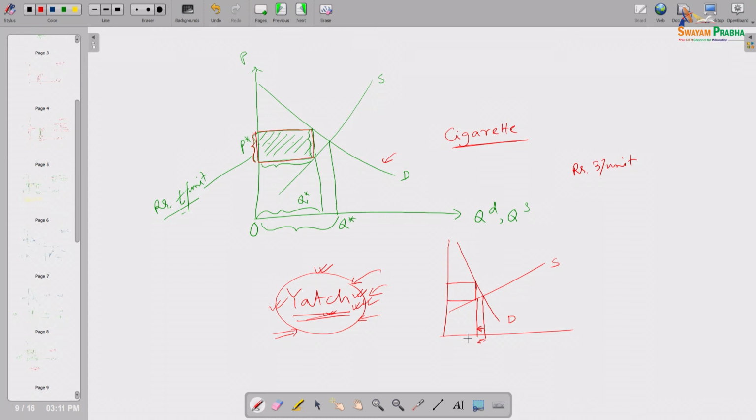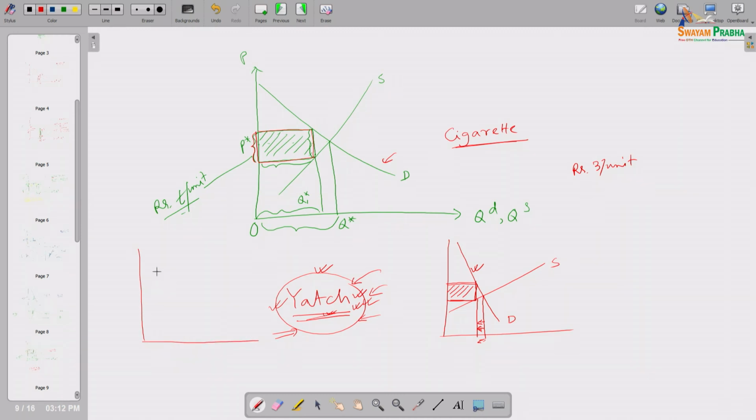Although a large number of people will get the pinch, because this commodity is necessary to the society or the major members of the society, many people will get the pinch, but all of them will get less pinch. That pinch will be distributed, because it will not cut down that much. As a result, government revenue will be a considerable quantity, because the government needs money. It is not that the government is imposing 10 rupees tax per unit.